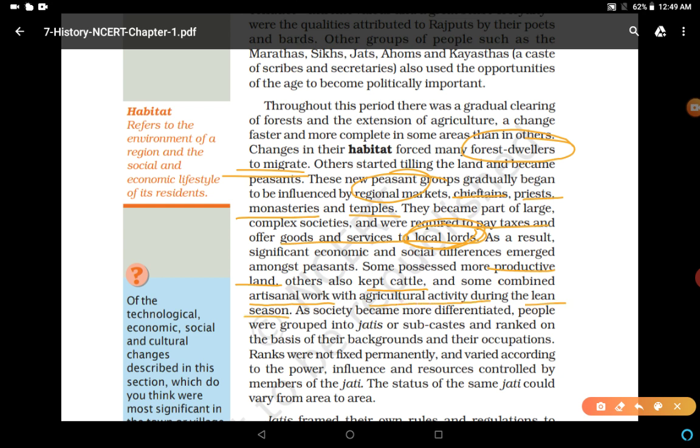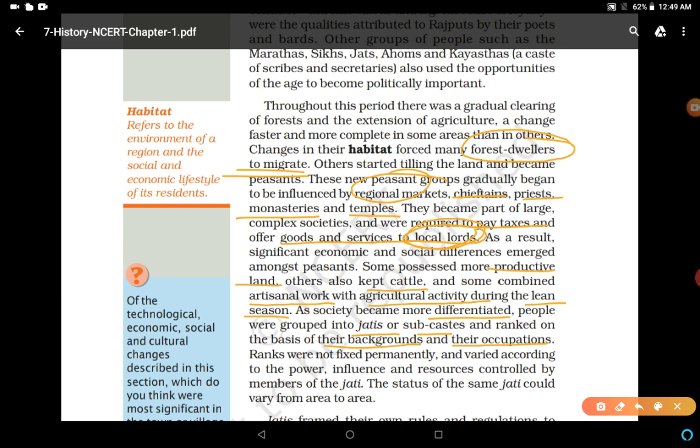Lean season means when the people don't have enough work. As society became more differentiated, people were grouped into jatis and subcastes and ranked on the basis of their backgrounds and their occupations. What kind of work they used to do, according to that, they were ranked.